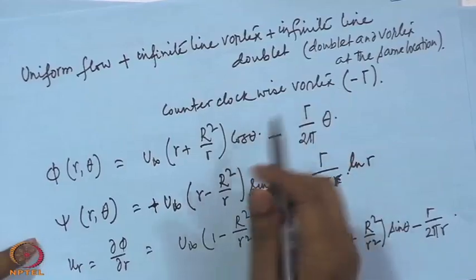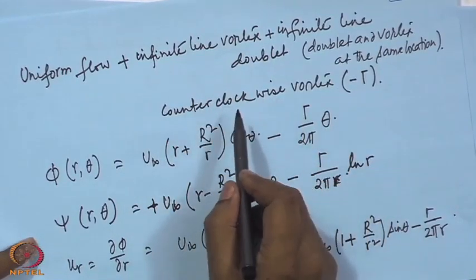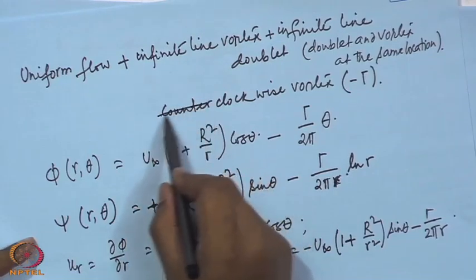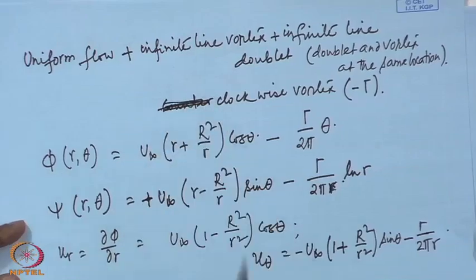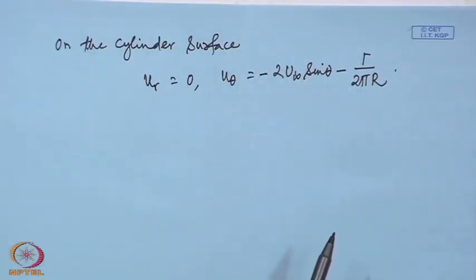And for this counterclockwise, clockwise, sorry, by mistake I have written counterclockwise, it should have been clockwise vortex. Okay, please make that correction. By mistake I wrote that we are adding a counterclockwise vortex, it should have been clockwise vortex we are adding.